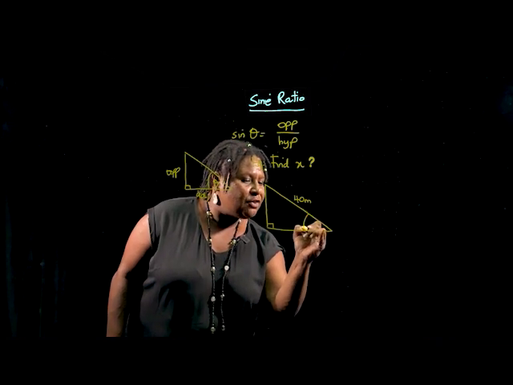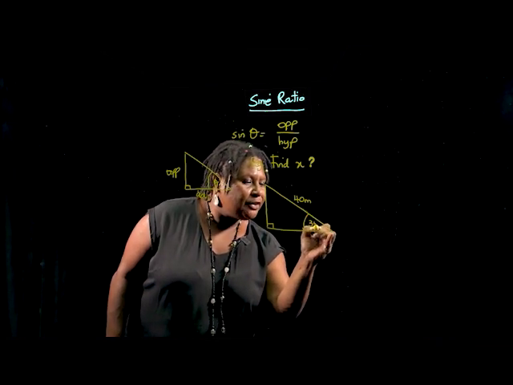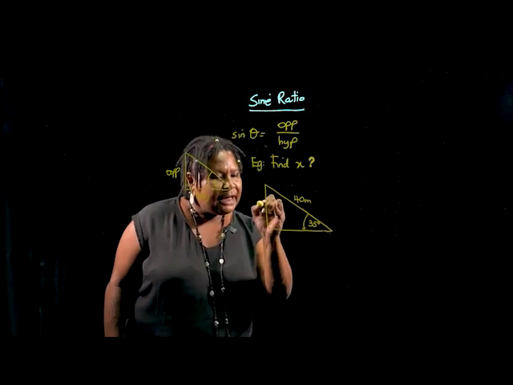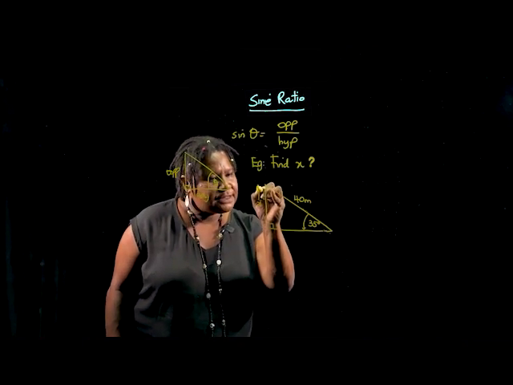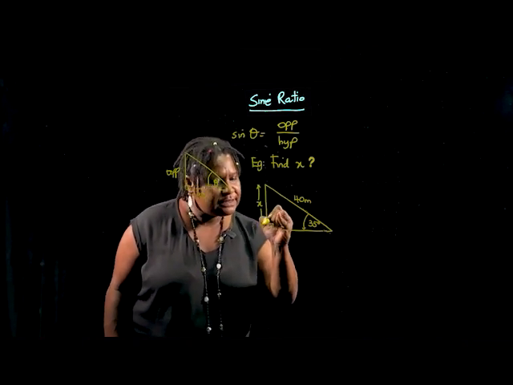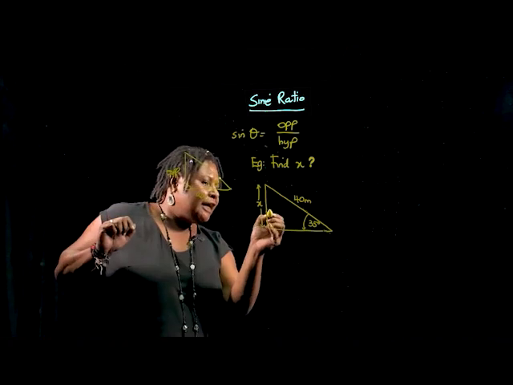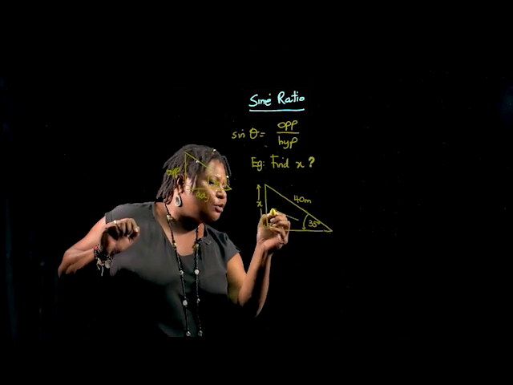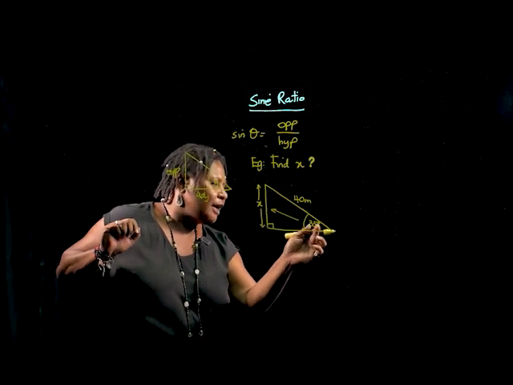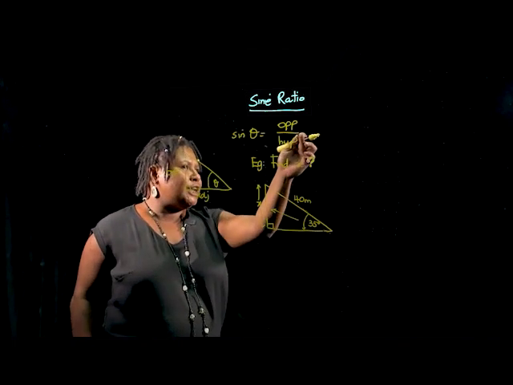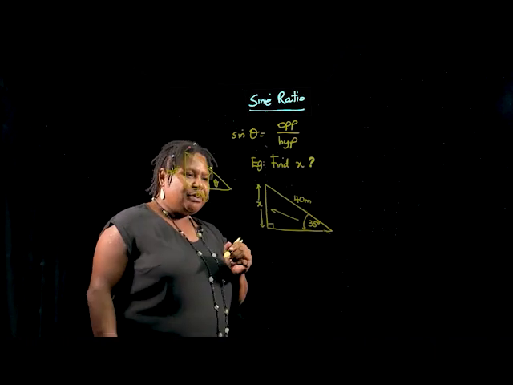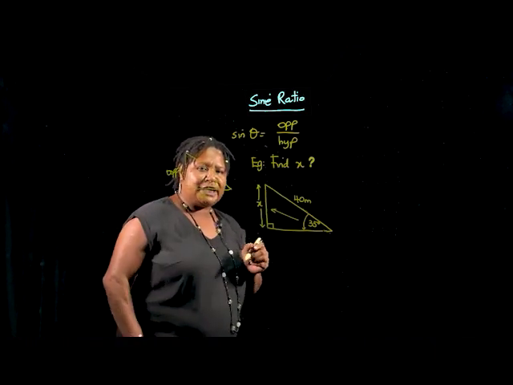This angle here is 35 degrees and x is this distance here. Now notice x is directly opposite to 35 degrees. That is why we are using the sine ratio to find the value of x.